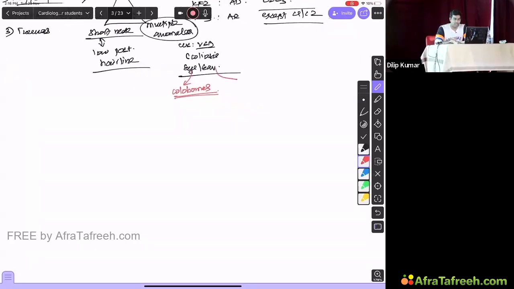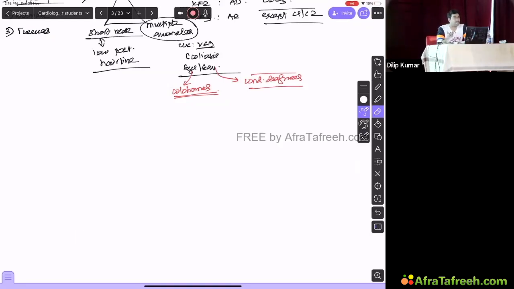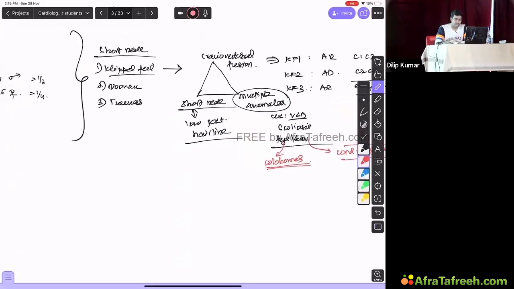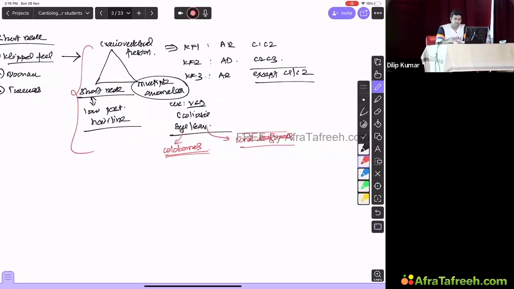Then ear abnormalities also can be there, which is typically a conductive deafness, because the bones that transmit the sound to the cochlea may not be developed properly. The middle ear may not develop properly, may fuse, resulting in conductive deafness. These are extremely common. So these are the characteristic features of Klippel-Feil anomaly.